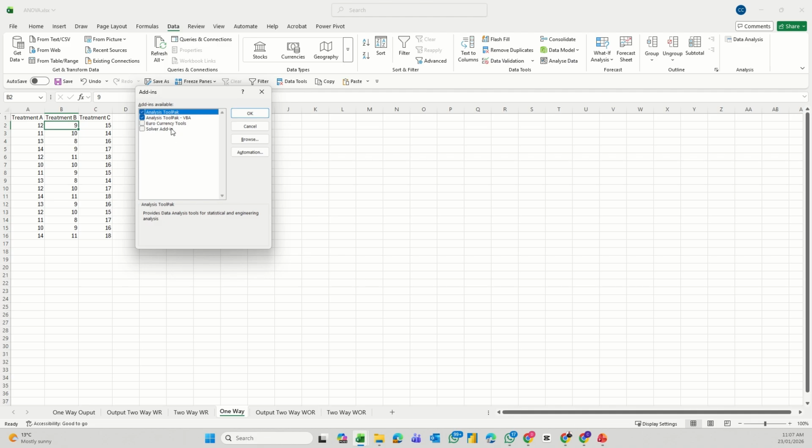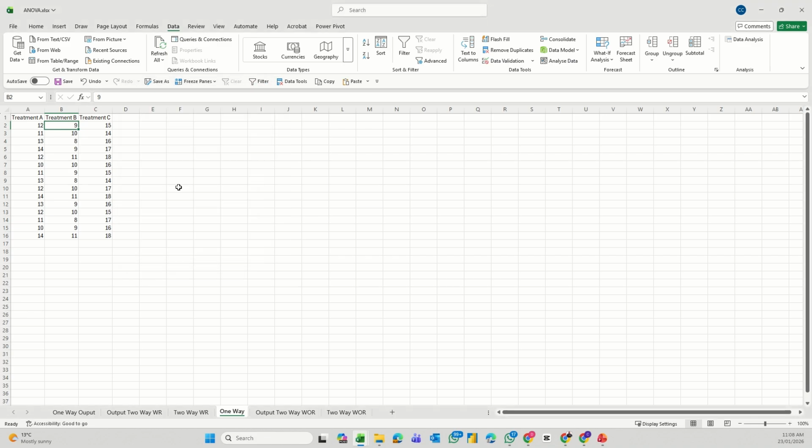For now, just take the Analysis ToolPak part and leave the VBA. Then click OK. Once you do, you come to Data and you see a new tab under your ribbon. You've seen it. Good. So what you need to do is click on Data Analysis.